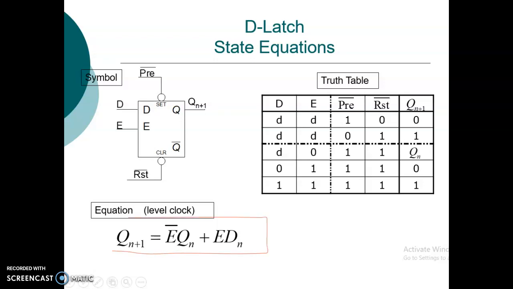Qn plus 1 equals E bar Qn plus E D. E bar here, and then Qn, this.